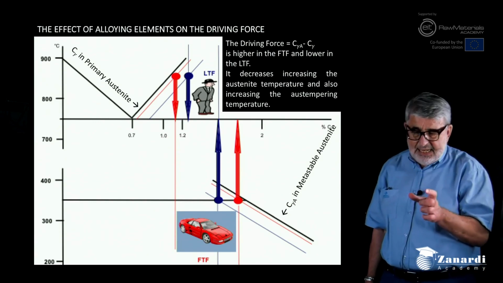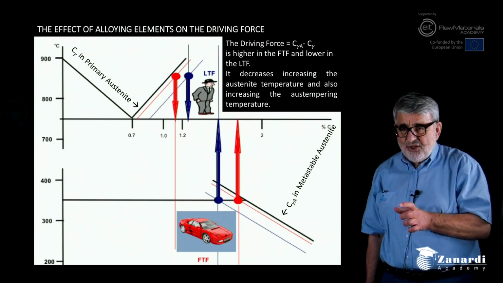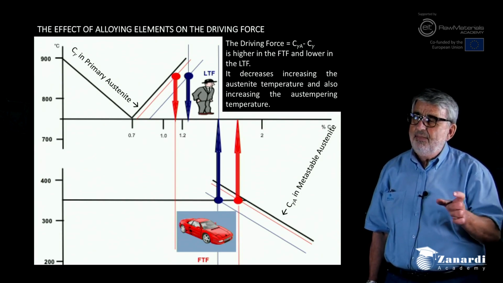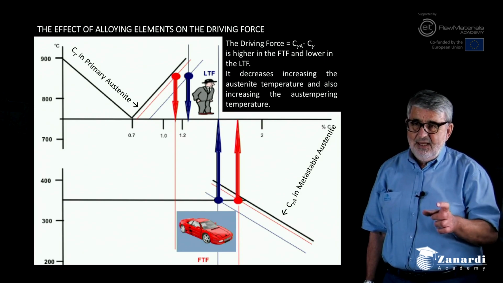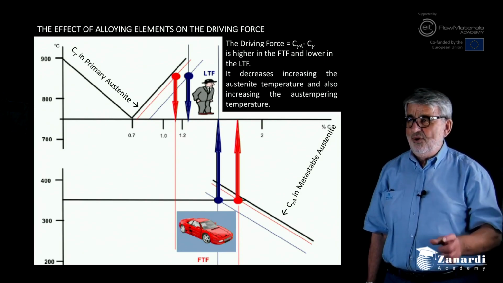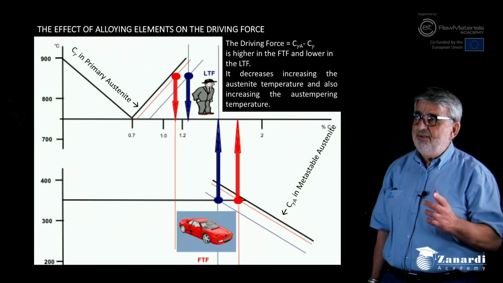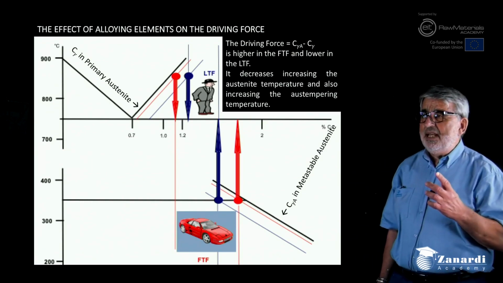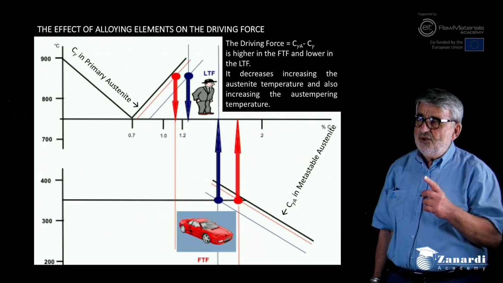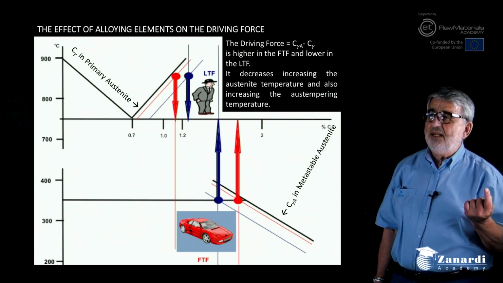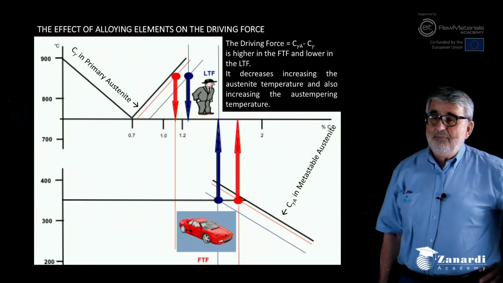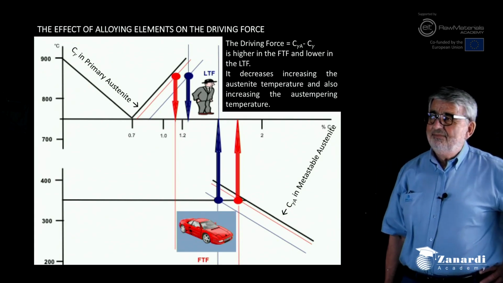The rule is that the ausferritic reaction rate depends on the so-called driving force. What is the driving force? The driving force is the difference between the carbon content into the metastable austenite and the carbon content into the primary austenite.